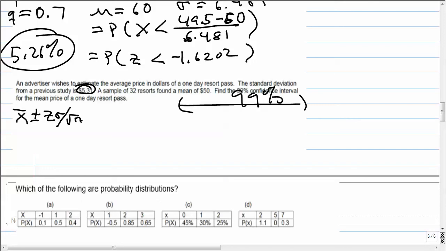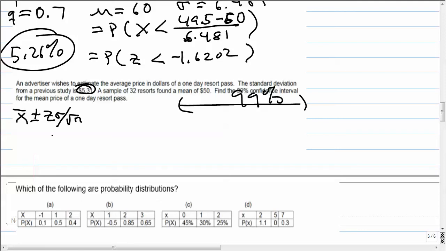Okay, this is one of these poorly written problems from the book, but that is the population standard deviation. N is 32. We found the sample mean to be 50, and we want a 90% confidence interval.